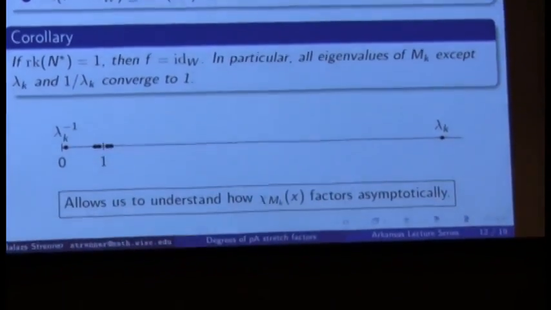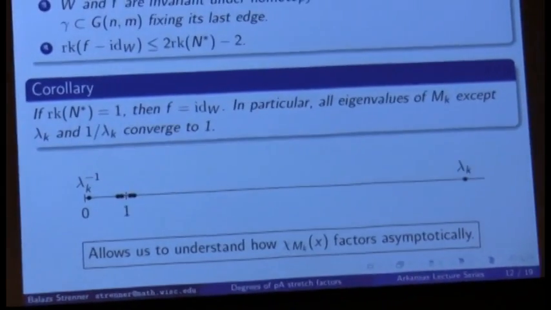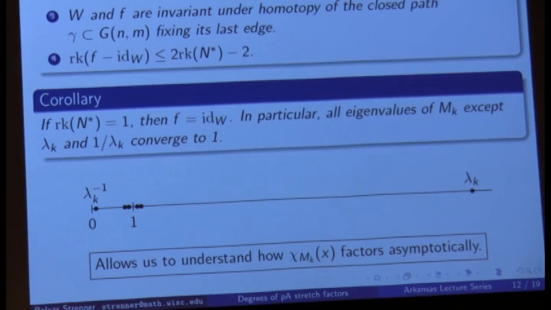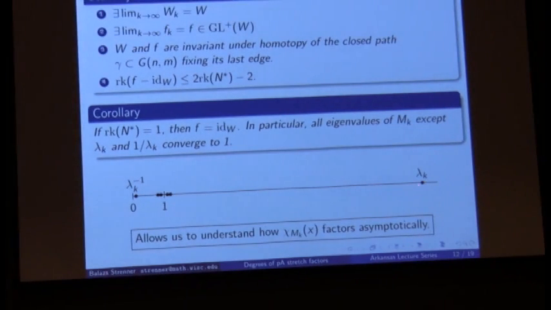So what happens is that I have these matrices MK, and their characteristic polynomials have roots such that lambda k goes to infinity, 1 over lambda k goes to 0, and everything else goes to 1. And it turns out that if you have a sequence of polynomials with these properties, then you can relatively easily understand how they factor over Z[x].